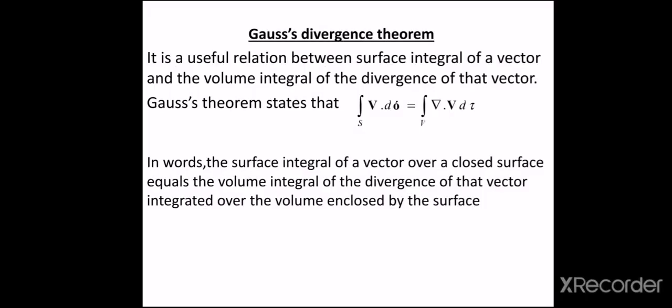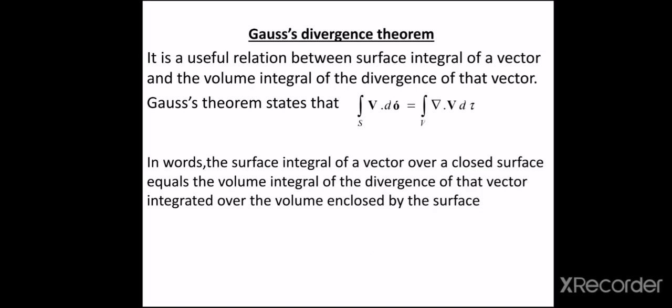Next topics are two important theorems, Gauss's divergence theorem and Stokes' theorem. It is often convenient to convert multiple integrals into others with fewer integral signs. This is done by two important theorems, Gauss's divergence theorem and Stokes' theorem. So first of all, Gauss's divergence theorem.